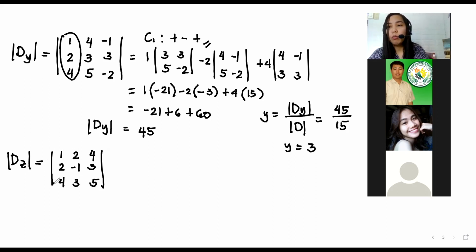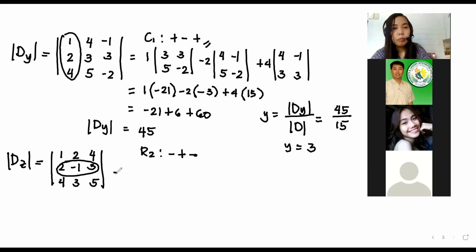So 1, 2, 4, 2, negative 1, 3. Change your z. Okay, copy your constant. 4, 3, 5. Okay, so pili tayo ulit. Halimbawa, row 2. So negative, positive, negative.